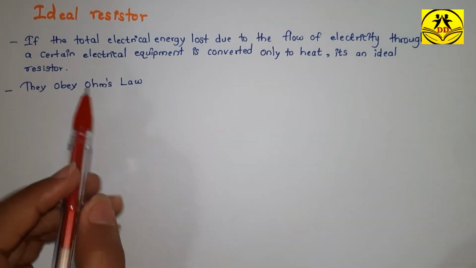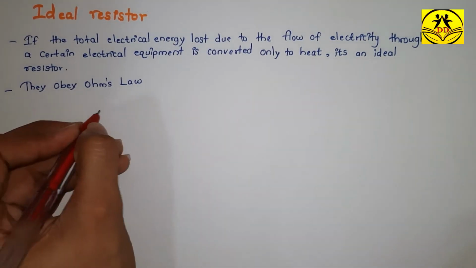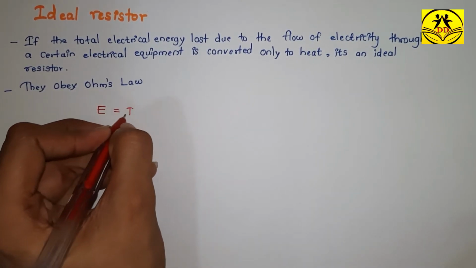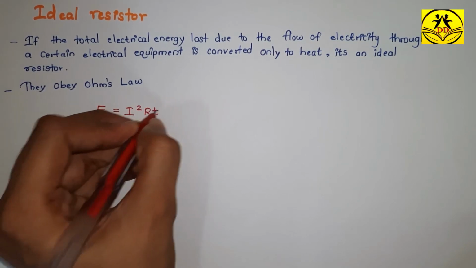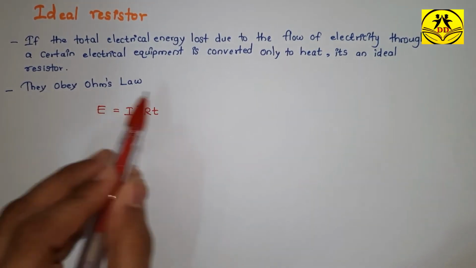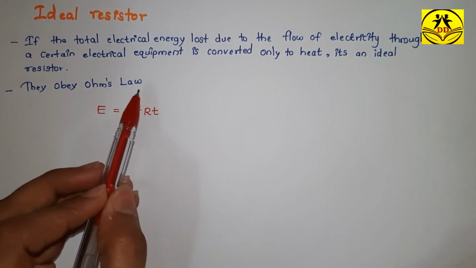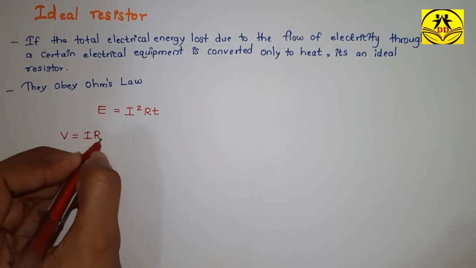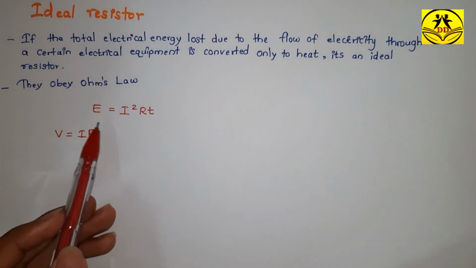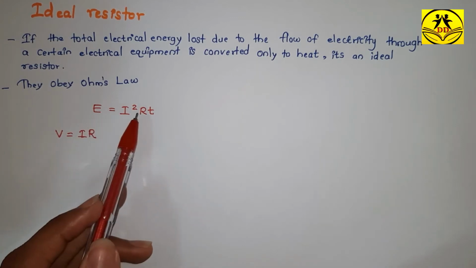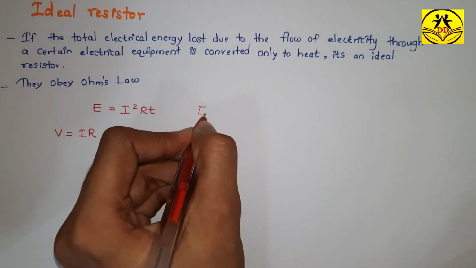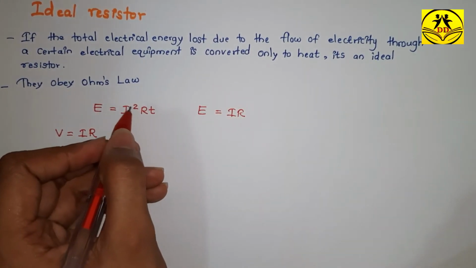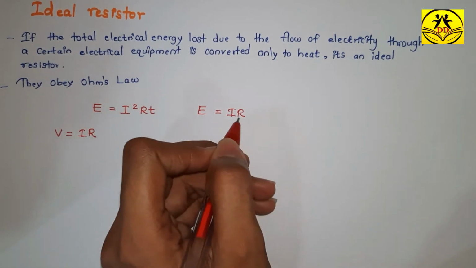Now we know the equation we got for the thermal energy generated across a resistor is I squared RT. Now for an ideal resistor we can write, since it obeys Ohm's law, V equals IR. And here we can write E equals I squared RT as E equals IR into IT, where one I from this I squared is taken out.